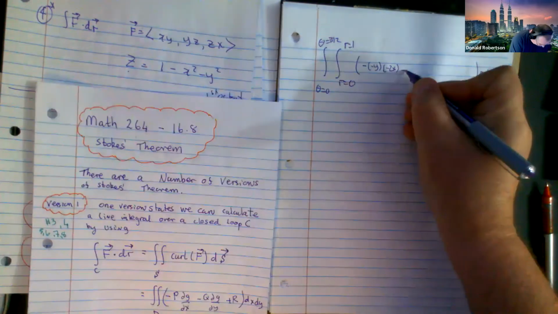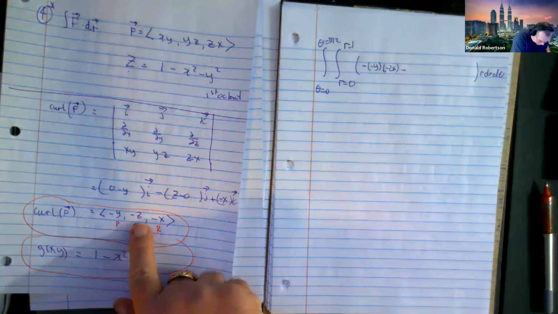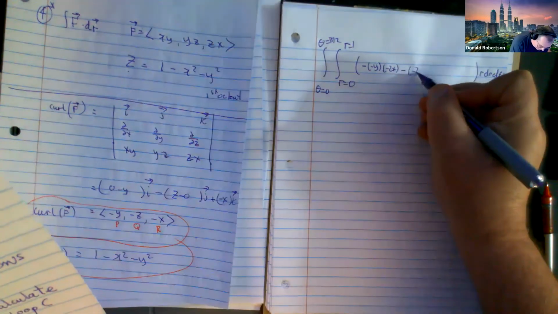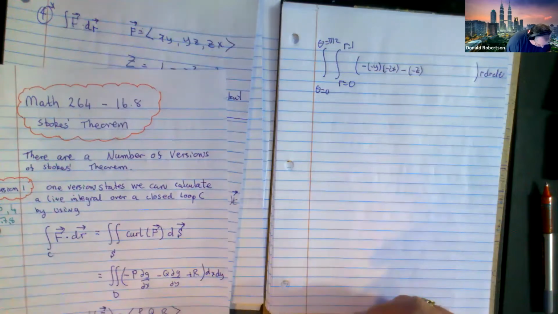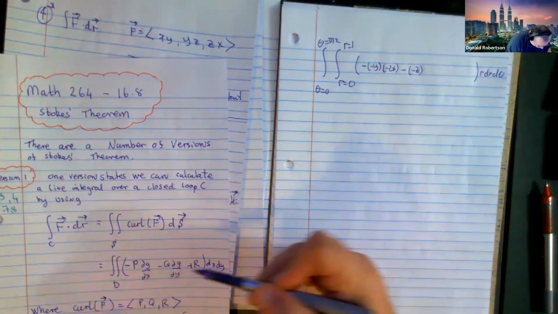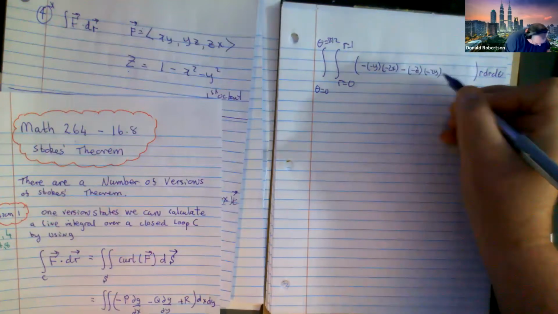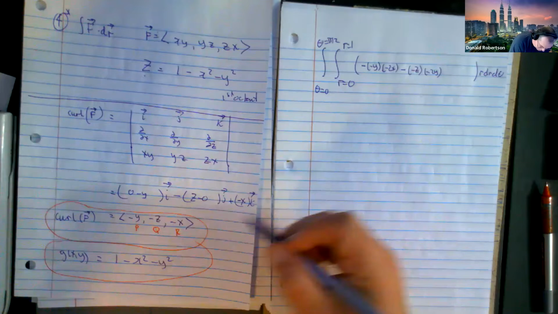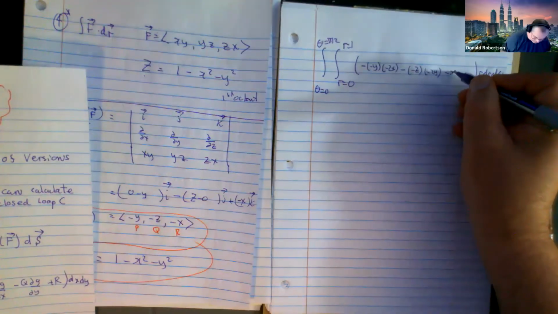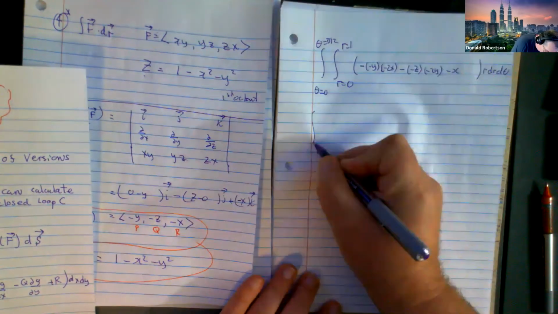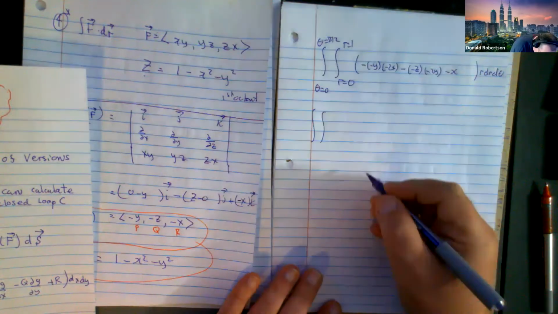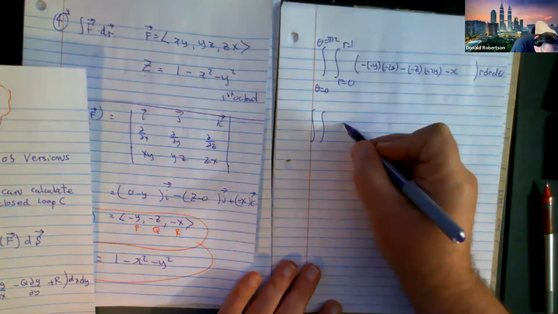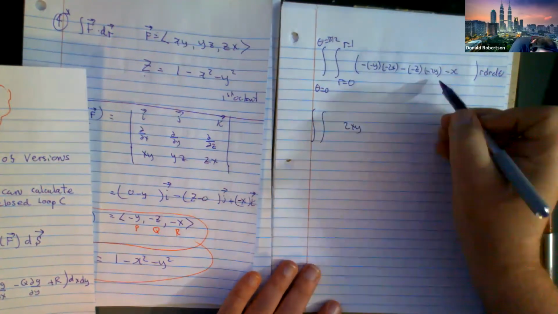Then you go negative q, which is that guy, and you differentiate g with dg by dy, which gives you a negative 2y. And then you add an r, and r is negative x. I'm not going to put the limits on that, it just takes too long. This times this times this gets me positive 2xy.